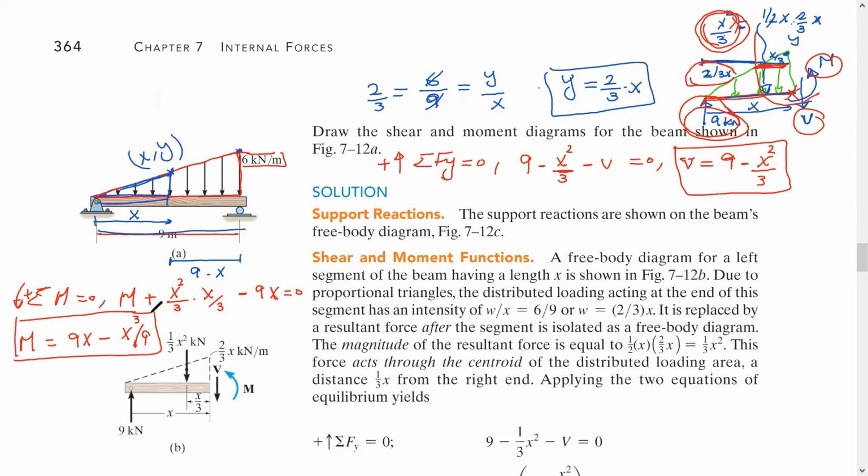So this is the moment along the longitudinal axis of this beam, and this is the shear.